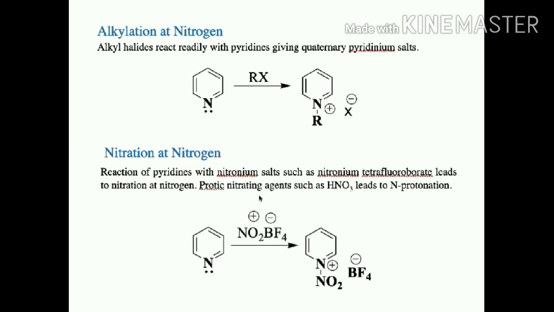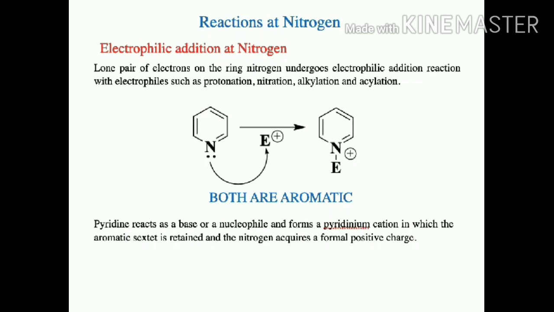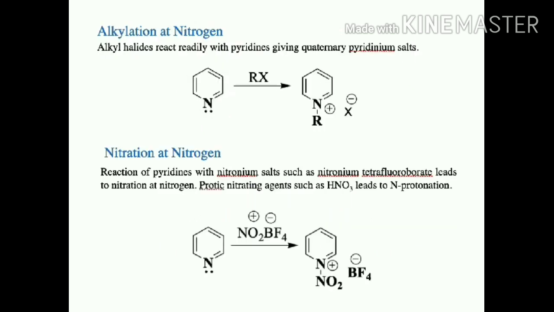Protic nitrating agents such as HNO3 lead to N-protonation. Already we have discussed that if pyridine is added to protic acid, it forms the pyridinium ion. Hence we use nitronium tetrafluoroborate to do nitration at the nitrogen. So these are some of the important reactions which occur at nitrogen.